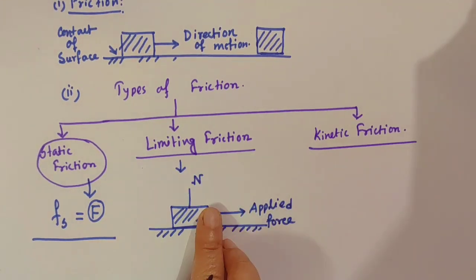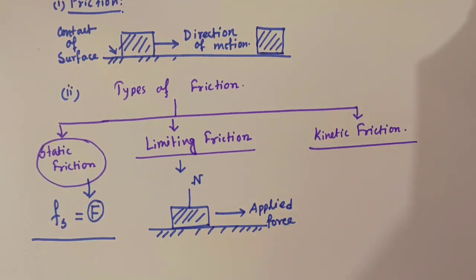So what is limiting friction? If the applied force is increased, the force of static friction also increases. If the applied force exceeds a certain or maximum value, the body starts moving. This maximum force of static friction up to which the body does not move is called limiting friction.